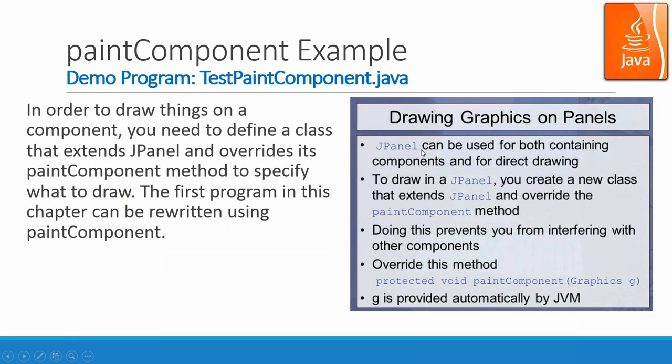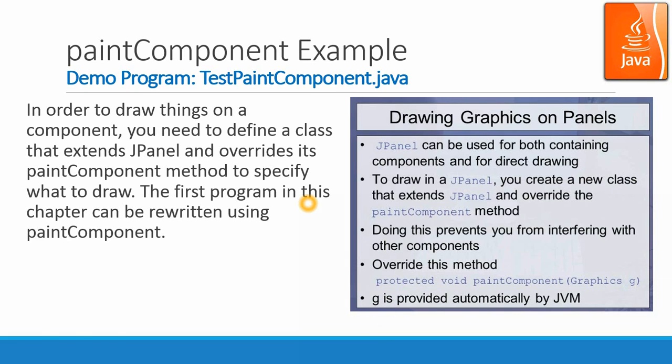Draw graphics on panels: JPanel can be used both as a containing component and for direct drawing. To draw in a JPanel, you create a new class that extends JPanel and override the paintComponent method. Doing this prevents you from interfering with other components. Override the method, and g is provided automatically by the JVM, so you don't need to create it yourself.